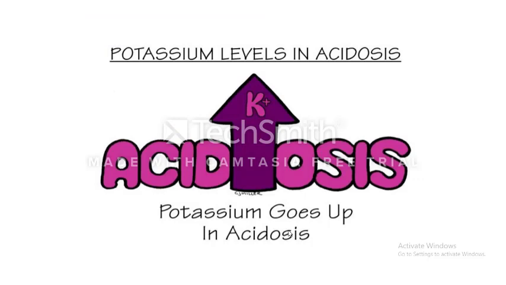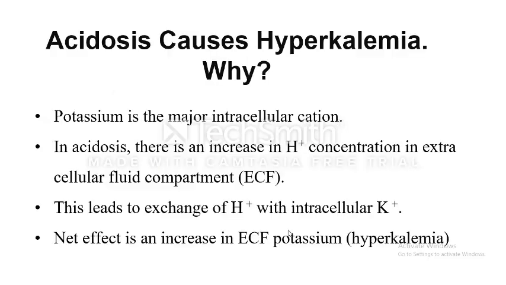We discussed that potassium levels in acidosis go up. So we will see why. Potassium is the major intracellular cation, as we know. In acidosis, there is an increase in proton ion concentration in the extracellular fluid compartment, abbreviated as ECF.